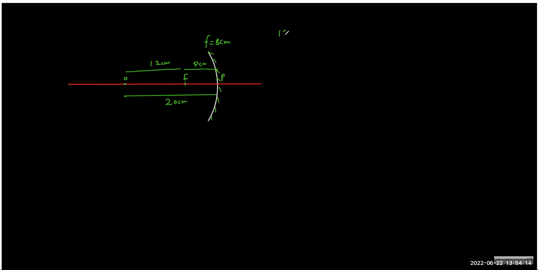So what is the formula? 12 into xi must be equal to f square. See, I got the answer. So it's 4, 3, and 16. So the mod of u will be how much? The distance? 8 plus 16 by 3.